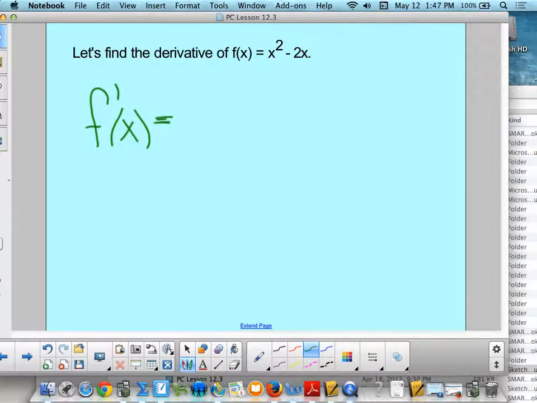I hope you understand the derivative is just the slope of the tangent line. And by the way, there are millions and billions of tangent lines, so you need to find the formula. The formula is found by finding the limit as h approaches 0 of this.